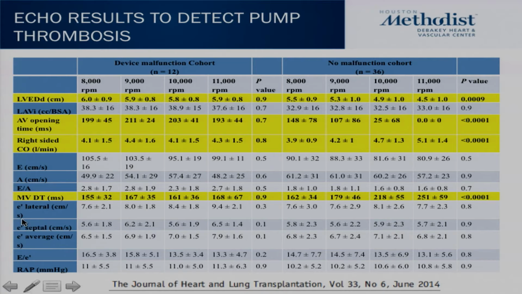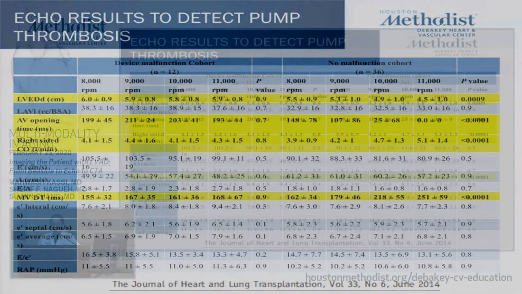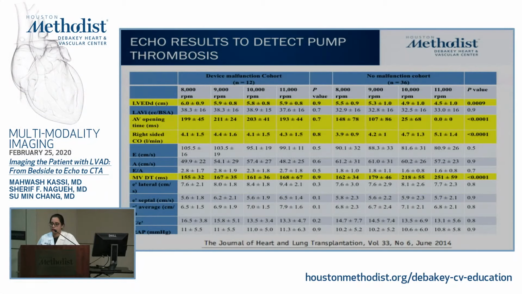What we're really trying to focus on, if you get a study for pump thrombosis, is the LV end diastolic dimension, the aortic valve opening, the right-sided cardiac output, and the deceleration time. We barely get that information sometimes, because a lot of images are required, but if properly done, these were associated with better outcomes and showed us whether there is truly occlusive pump thrombosis present or not.